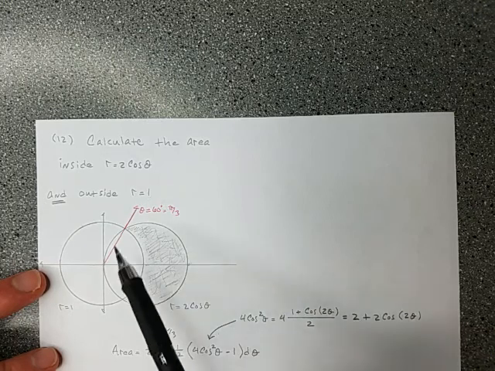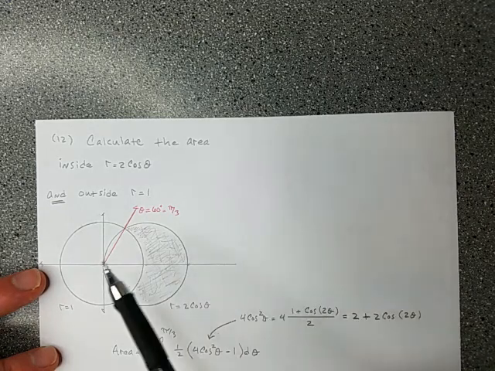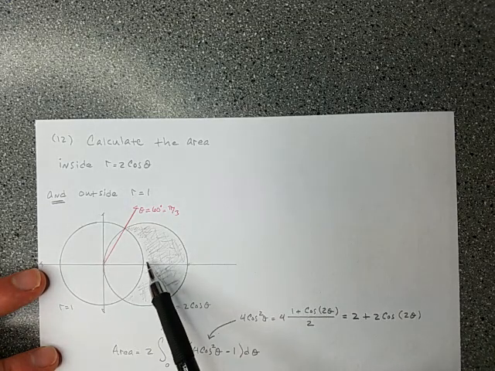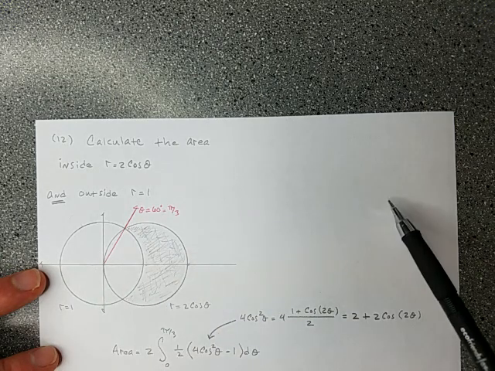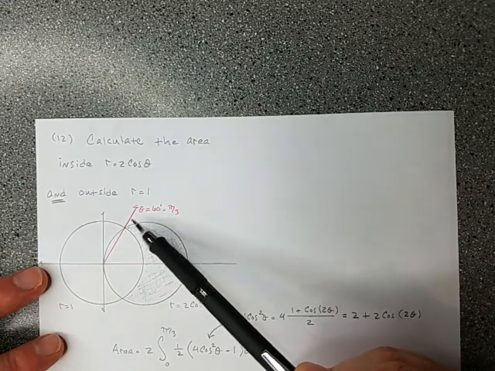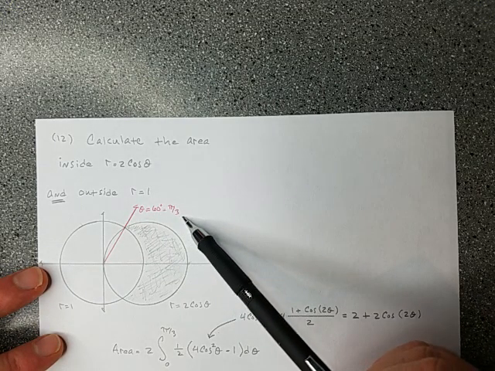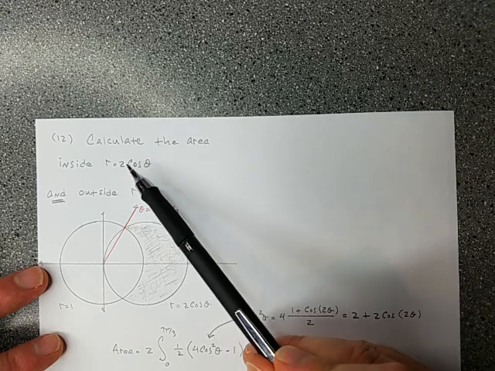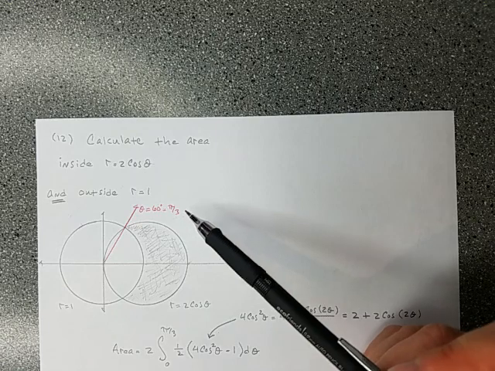R is equal to 1 is just a circle of radius 1, center at the origin. So these circles are the same size. One has center at the origin, the other has a center here on the x-axis at 1. That's what they look like together. They intersect each other at an angular coordinate of 60 degrees or pi over 3. If you set these equal to each other and solve for the angle, it would be 60 degrees.